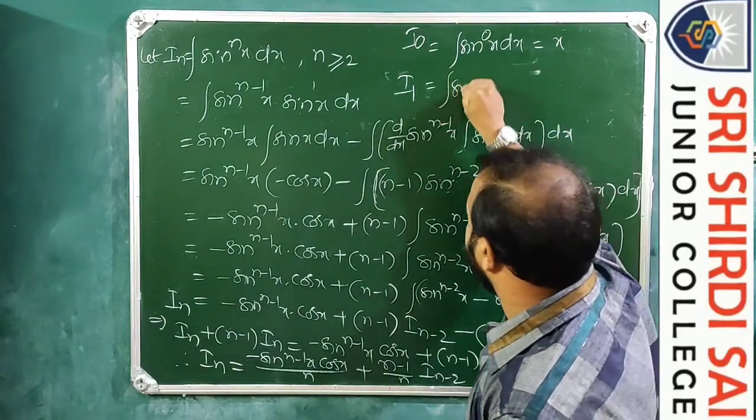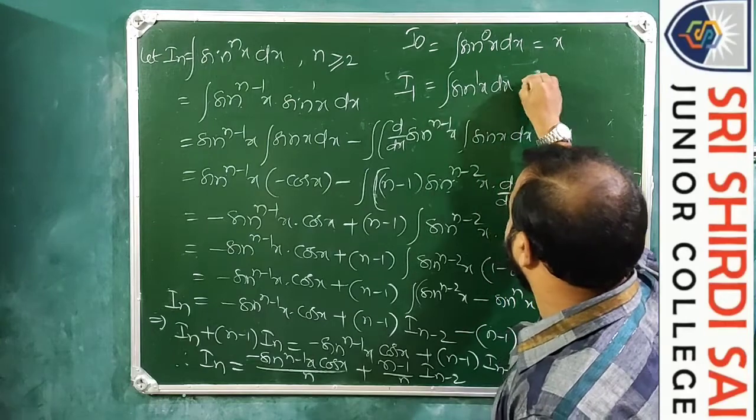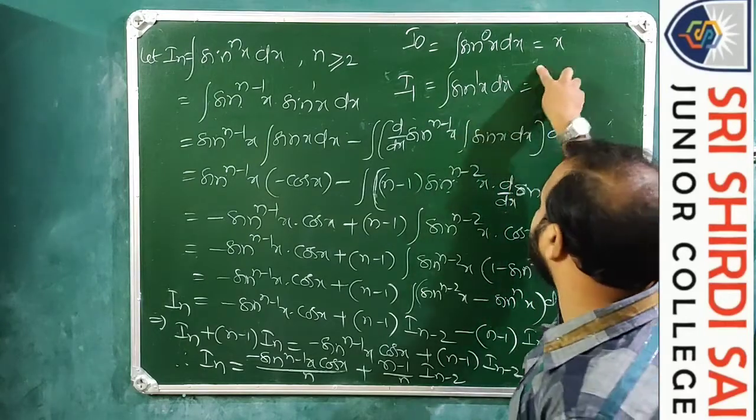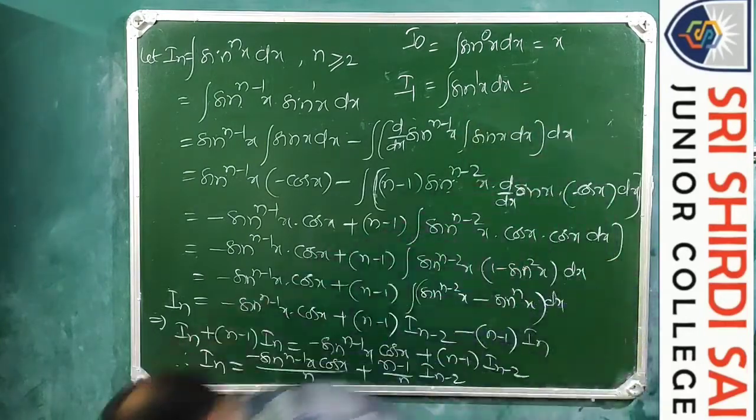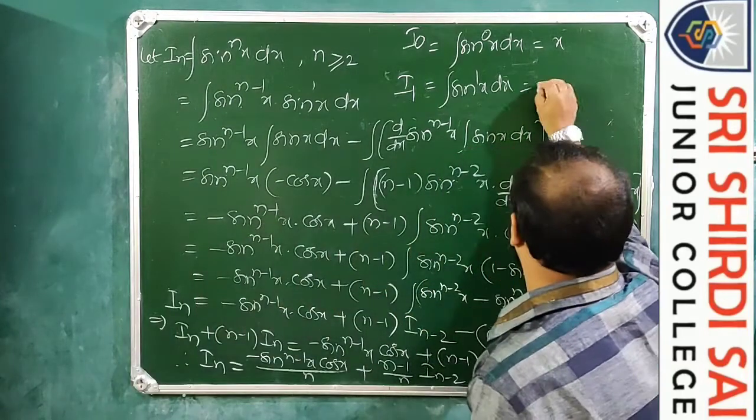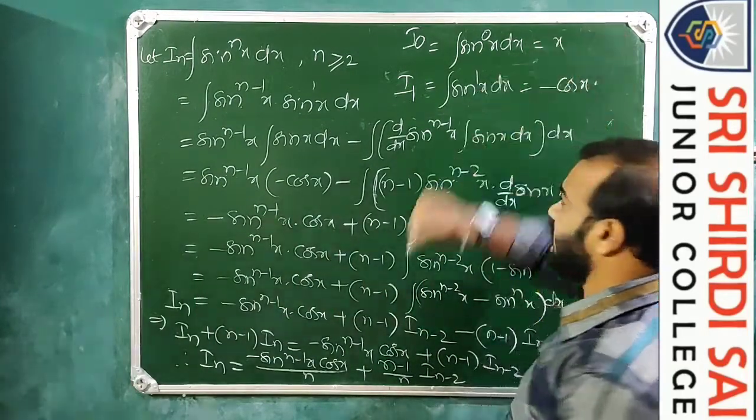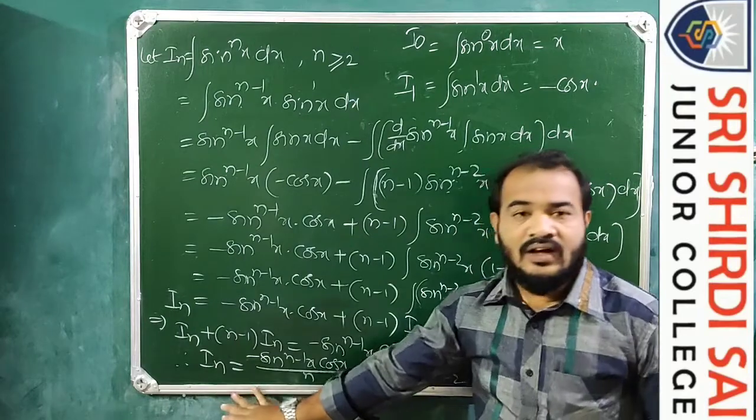I_1 is the integral of sin^1 x dx, which is the integral of sin x dx, which is minus cos x. So this is the reduction formula.